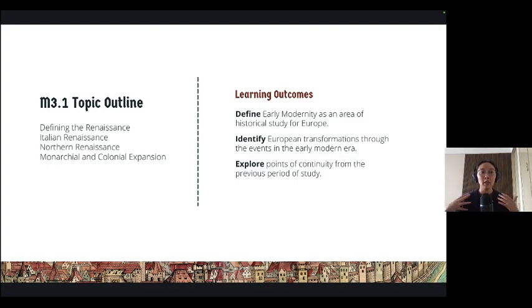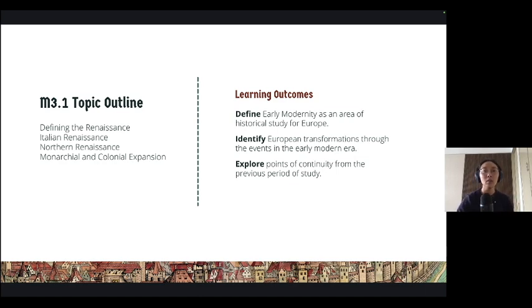So in our coverage for the Renaissance, we're going to talk about the Renaissance itself very quickly with some background on what the timeline looks like for this era. And then we'll specifically focus on the Italian Renaissance, the Northern Renaissance, and monarchical and colonial expansion, which kind of happens at the same time as the Renaissance takes place in its key areas.